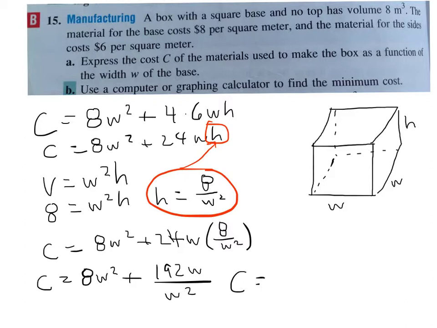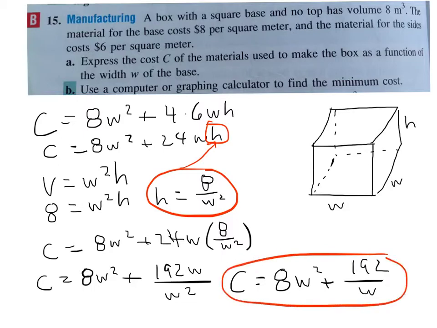We can factor out a W from top and bottom of that expression, so that gives us C equals 8W squared plus 192 over W. And that's what we're after for part A.